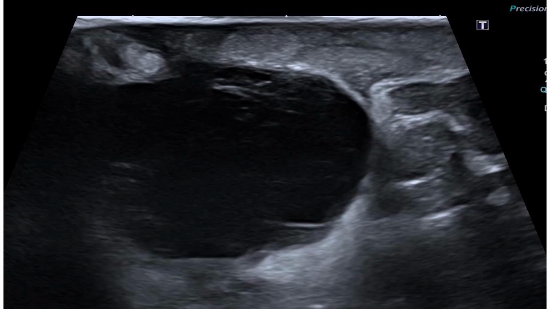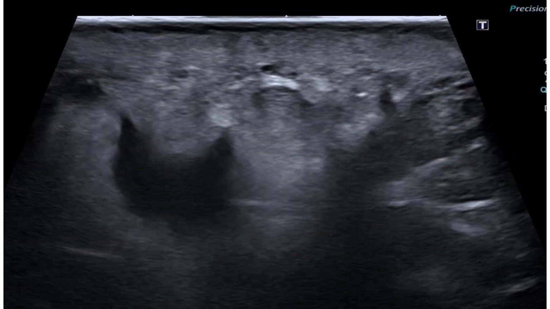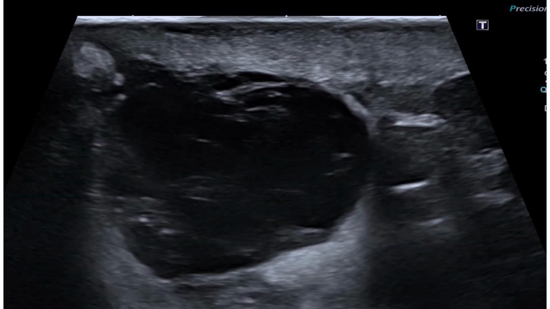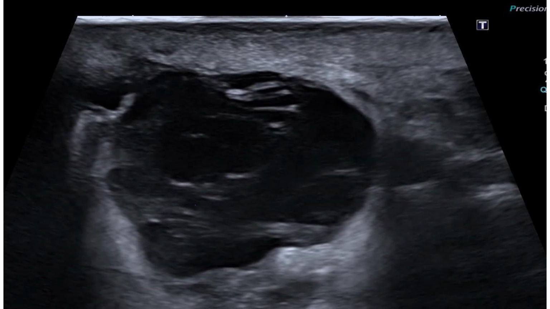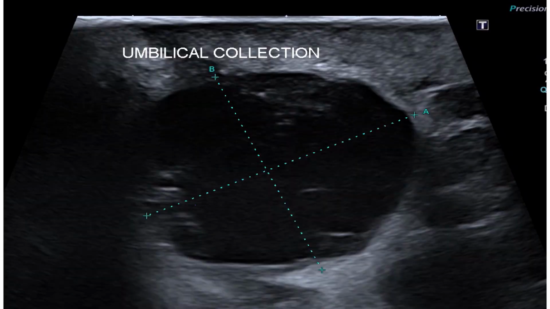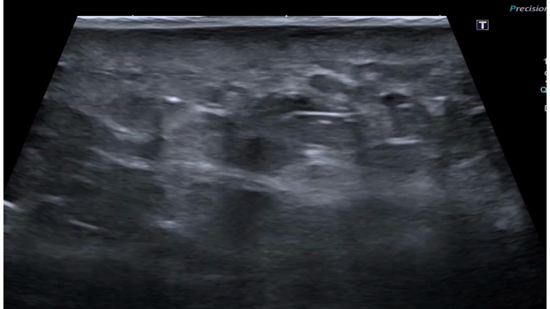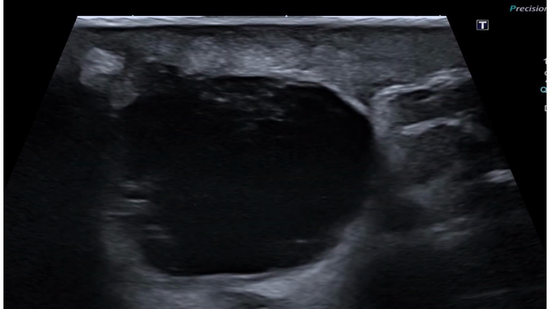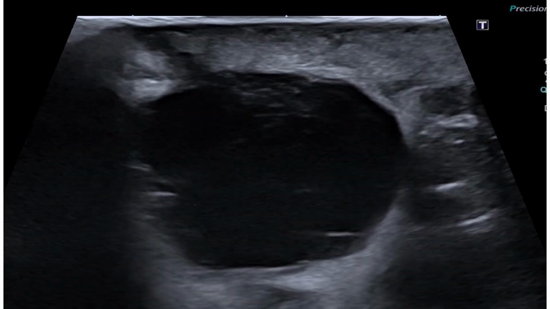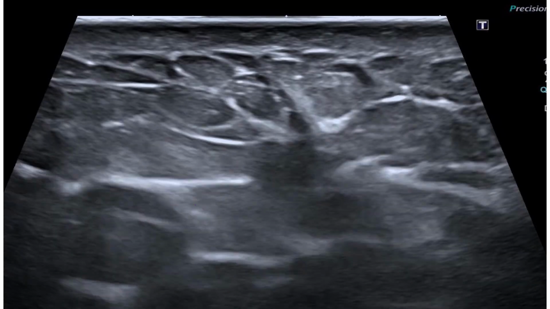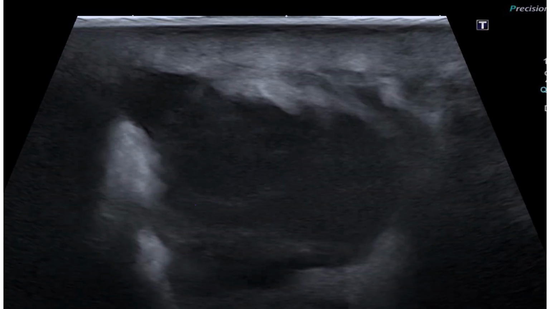If the patient is having pain, a fever, and if we put color and you see hyperperfusion on the peripheries of the lesion or the mass, you must think of an abscess because it's an inflammatory process. I put color, but there's no enhancement on color Doppler. The peripheries are clear, meaning it's not an inflammatory process.